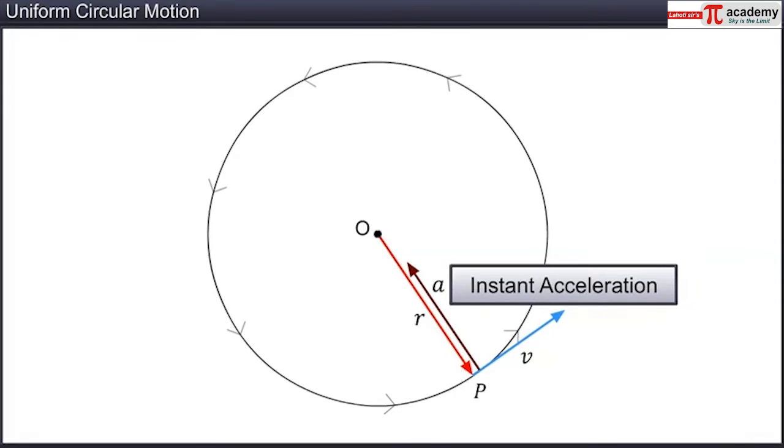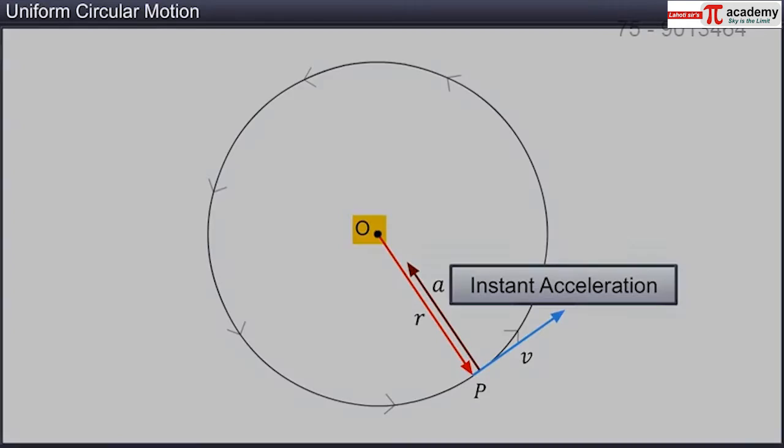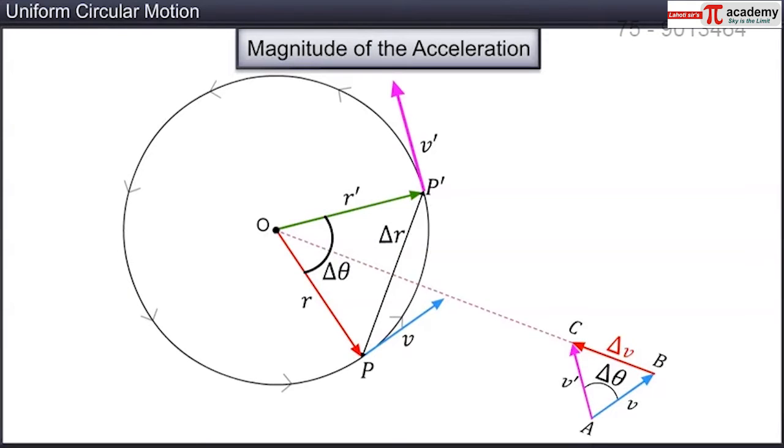Therefore, we can conclude that the acceleration of a body in uniform circular motion is always directed towards the center of the circle. Now let us find the magnitude of the acceleration. As you know, the angle between r and r' is delta theta.